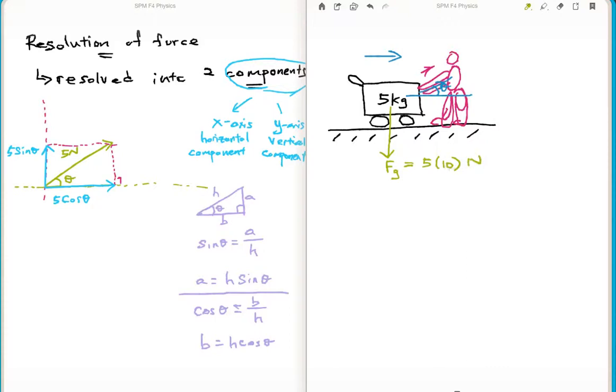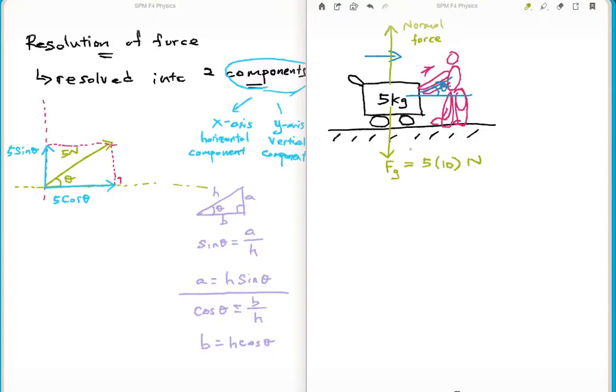This trolley will definitely not go up or down. It will only move left or right. So pushing down is the same as the normal force, or reaction force, third law of Newton. So it's 50 Newton up and down. That's why this object is balanced along the vertical component.